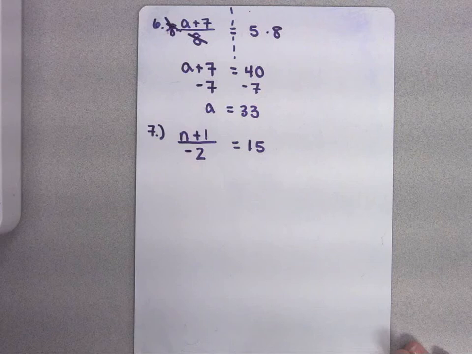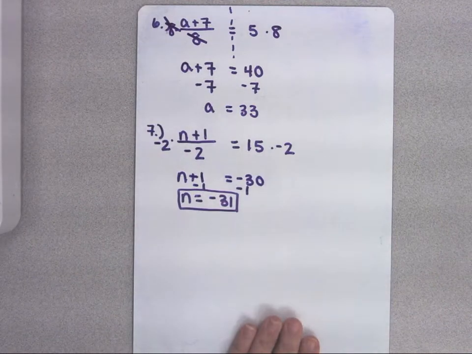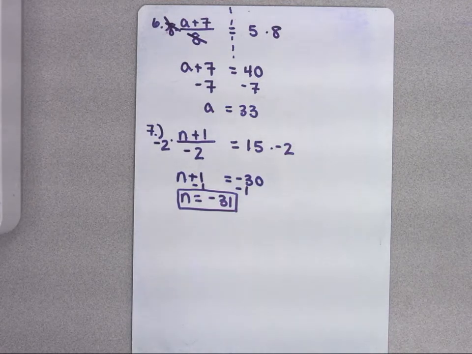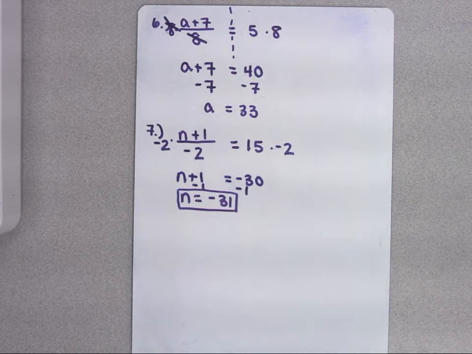Okay. Who have I not picked yet to answer a question? Jesse, what'd you get as an answer? N equals negative 31. Did we all get the same answer? You didn't get the same answer? Then look at my work and see what you got wrong. Did you multiply by negative 2 first?